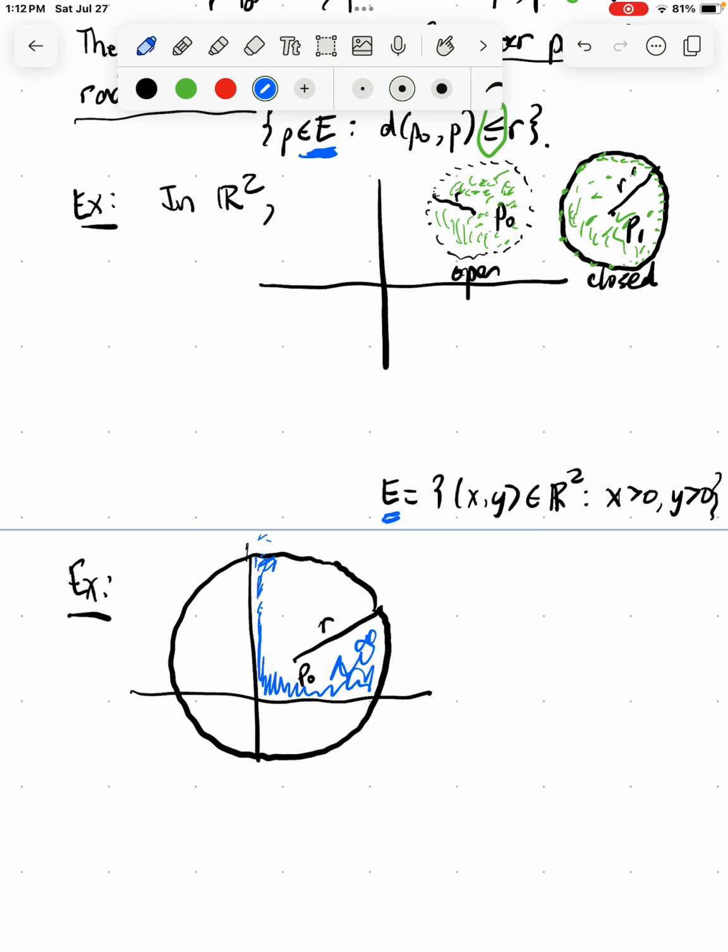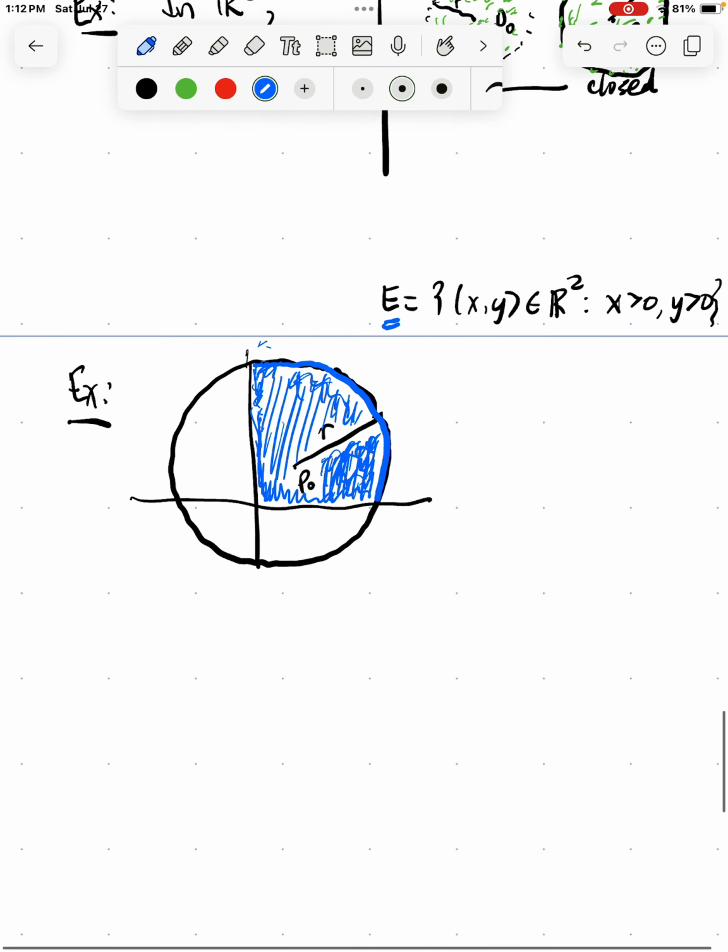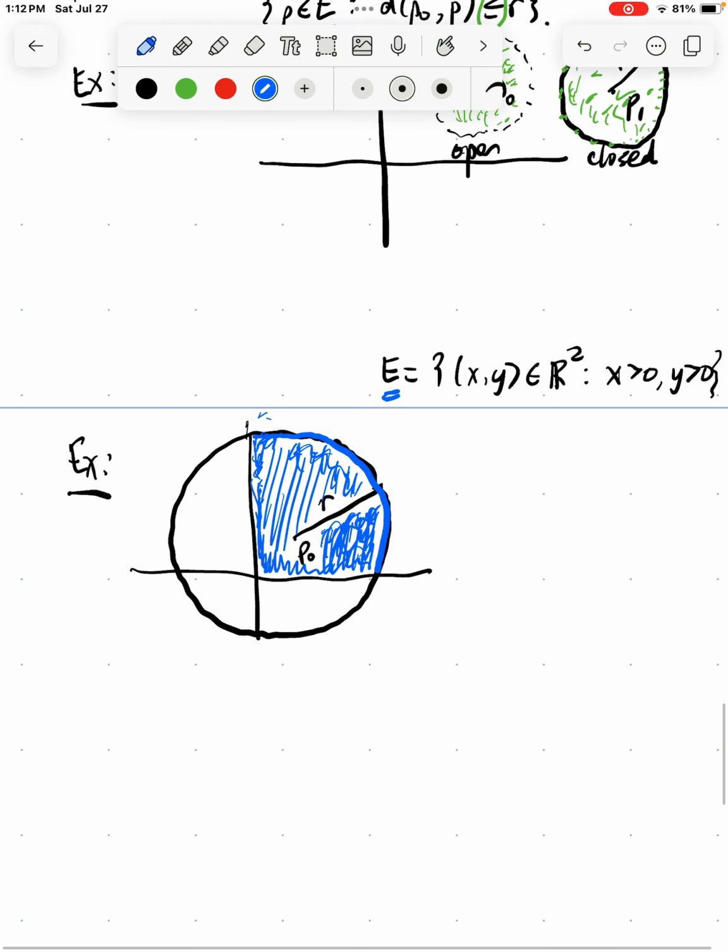All the points here, including this part of the boundary, but since the x and y axes are not part of E, they are not part of the closed ball of radius R centered at P naught. So that's what a closed ball looks like here. Now of course, if you had a closed ball like here with a smaller radius, then that would be fine. Then it would just be this.